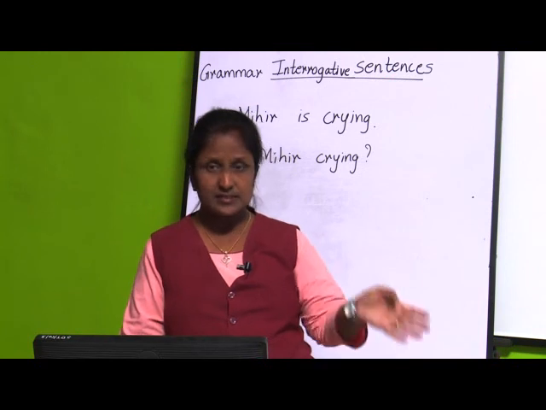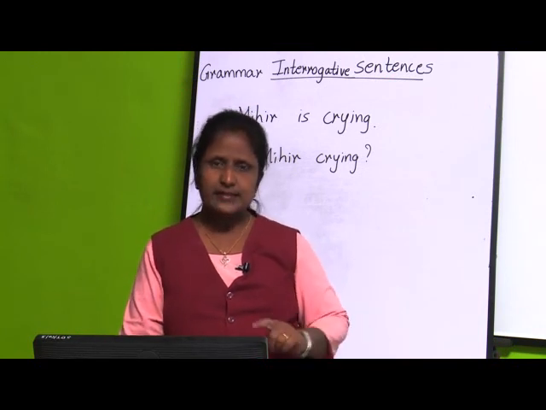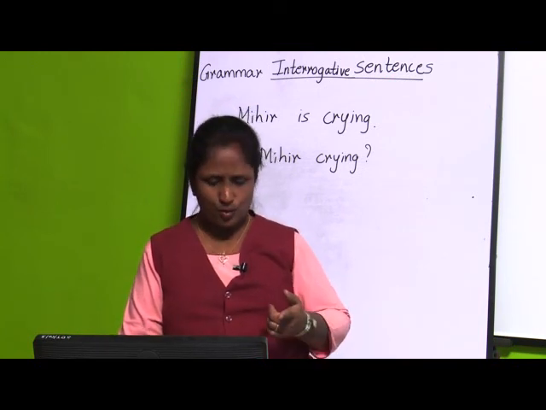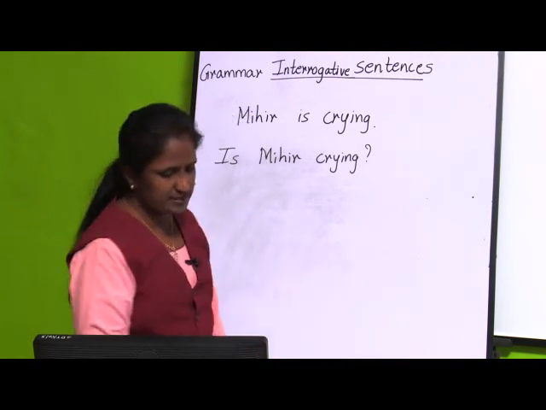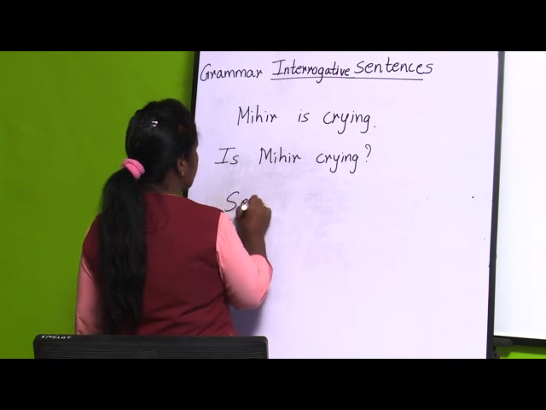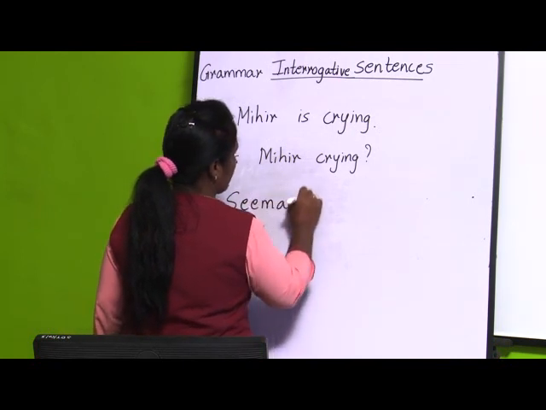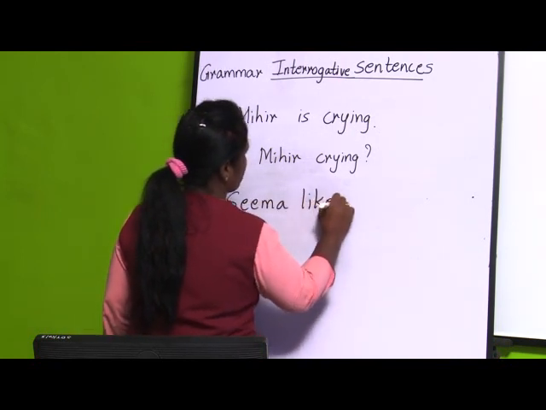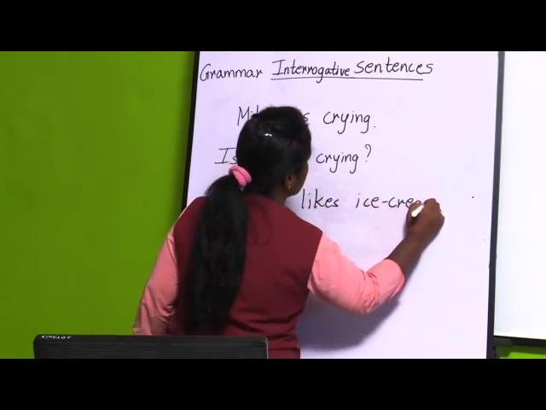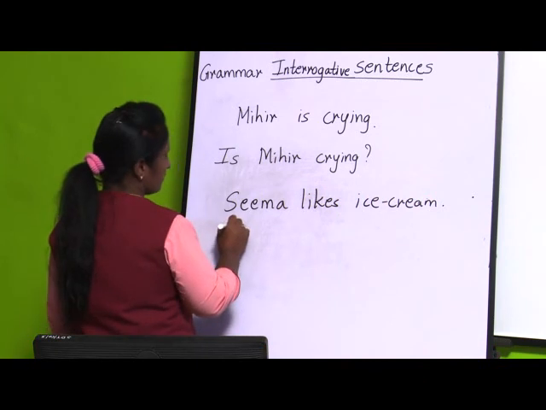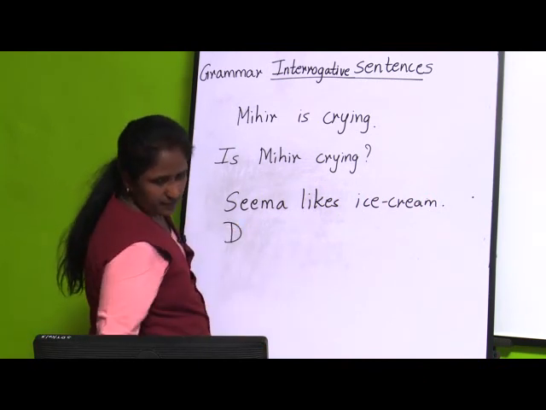Now when the verb is in the simple present tense, that time we are going to use do or does and use the original form of the verb. For example, "Seema likes ice cream." Here we are going to use do or does. How are you going to write it? "Does Seema like ice cream?"